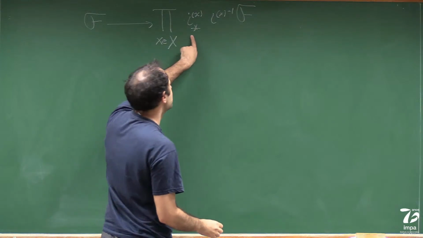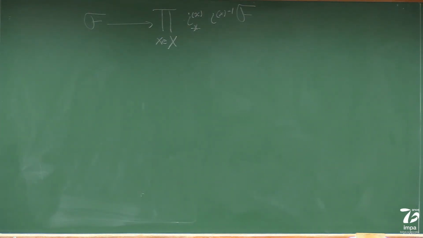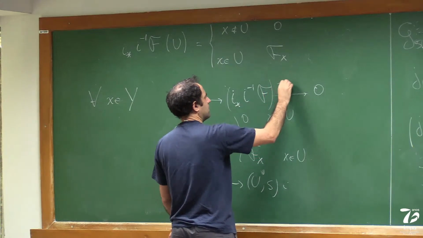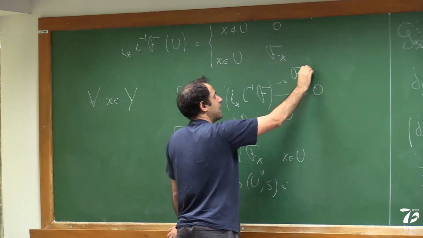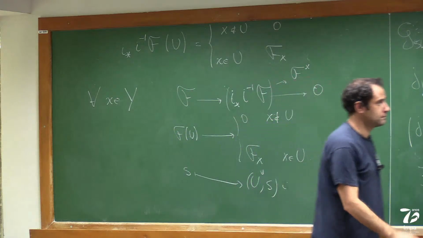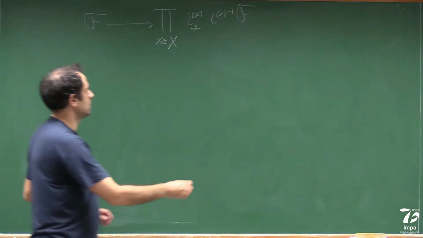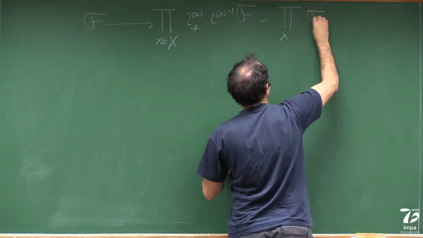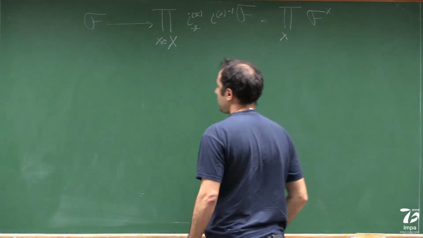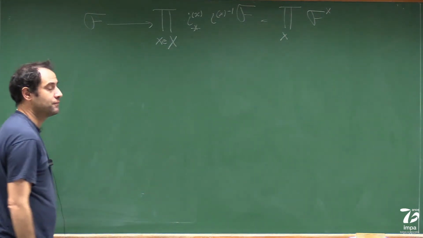So let's put a name for this sheaf, perhaps. Let me call this sheaf F lower x is a stalk, so perhaps F upper x. So this is the product over x of F upper x. And this map is injective.